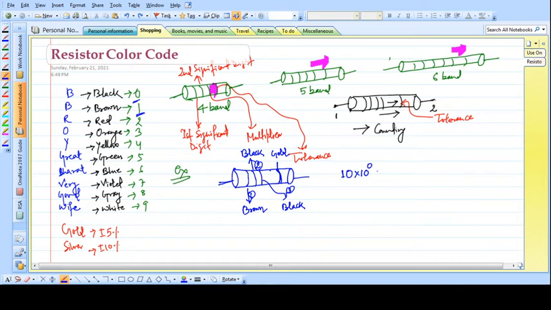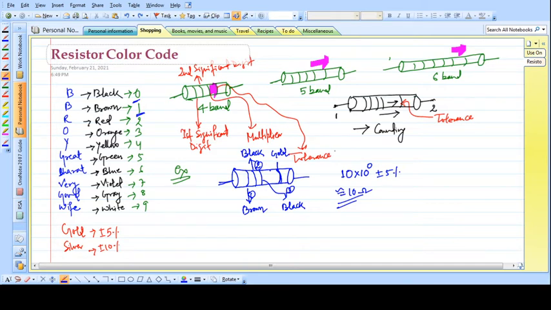Plus or minus, this one is gold, so plus or minus 5% tolerance, so it should be around 10 ohm resistance. This is the very simplest example for brown, black, black.